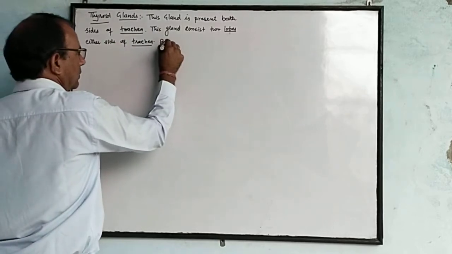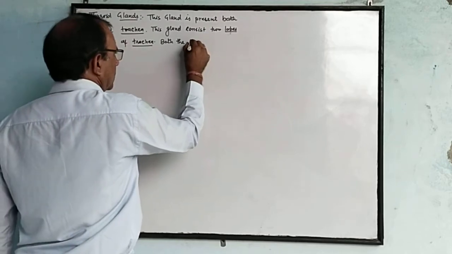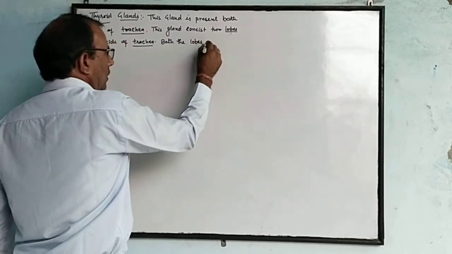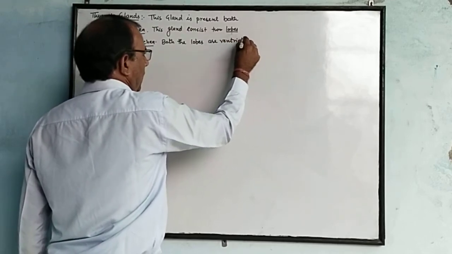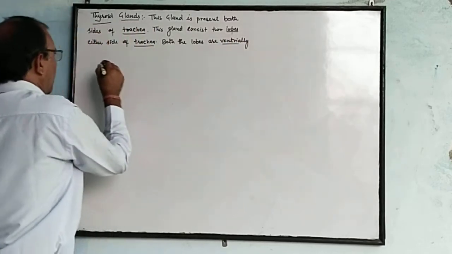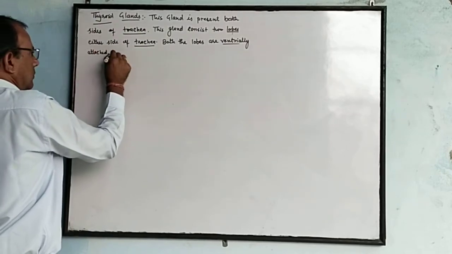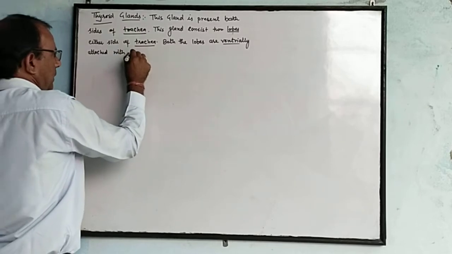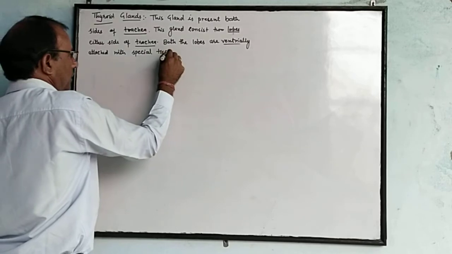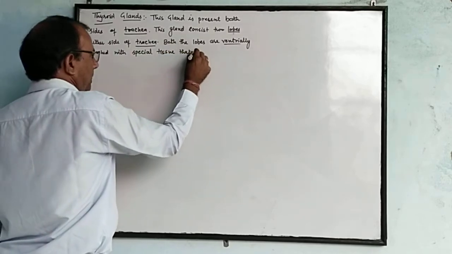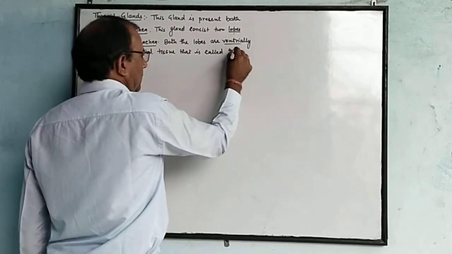Both the lobes are ventrally, it means frontally, attached with a special tissue that is called isthmus.